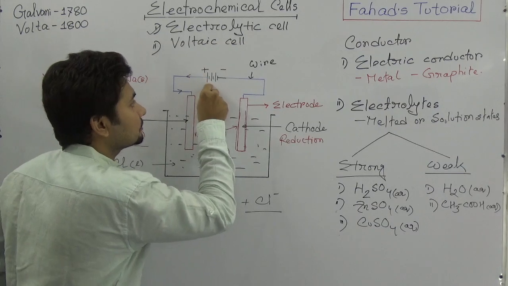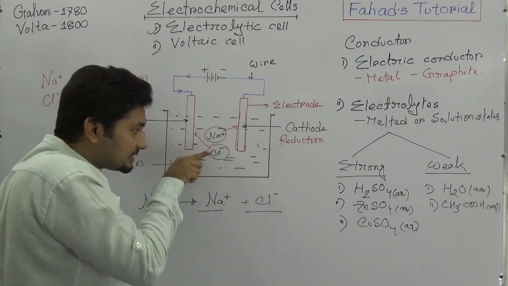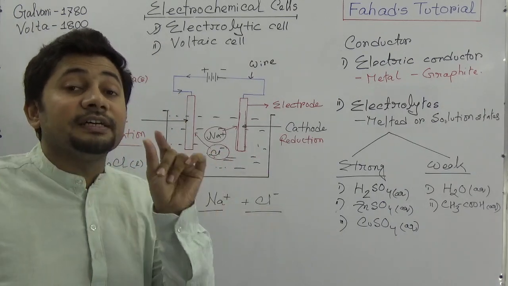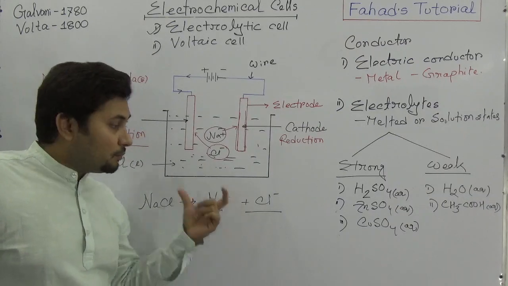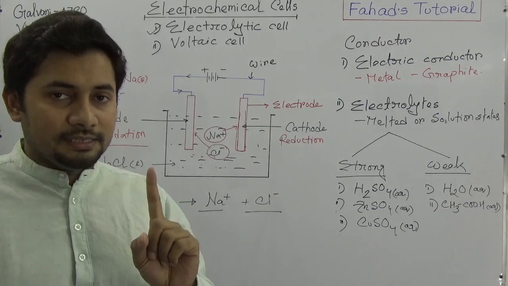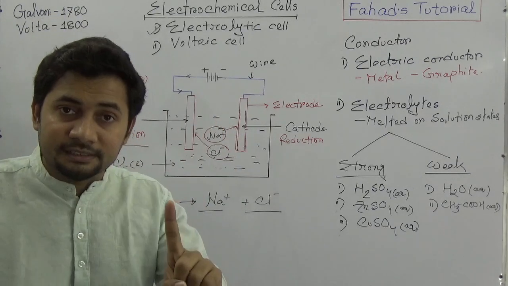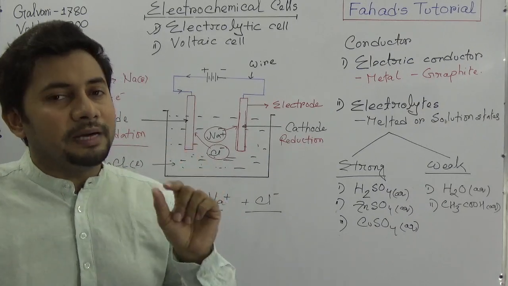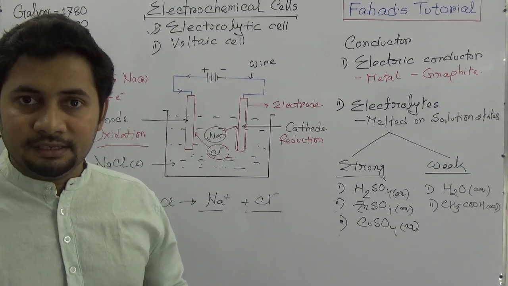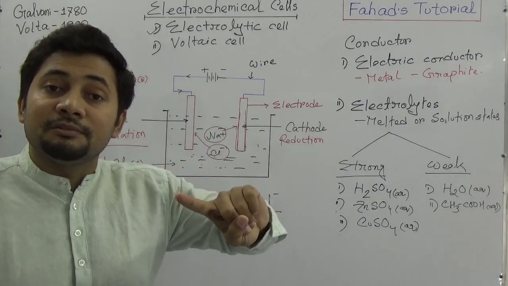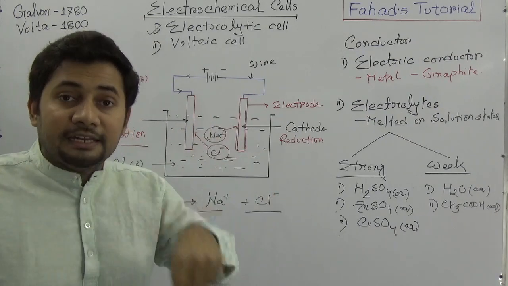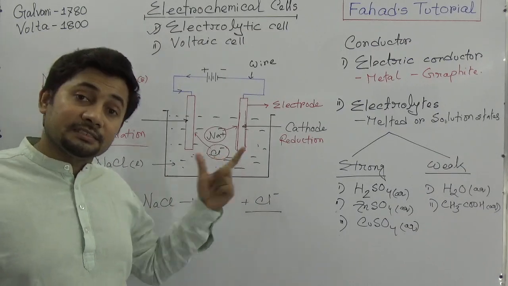This electric source provides electricity, and then dissociation of the electrolytes takes place. When this takes place inside, that is known as electrolysis. But in the Daniell cell or galvanic cell, no battery or electric source is added from outside. In a voltaic cell, electricity is produced, but here electricity is provided to carry on these chemical reactions inside.